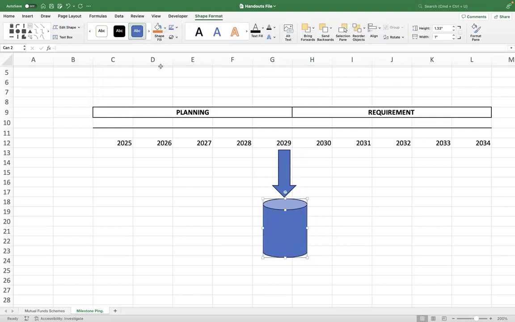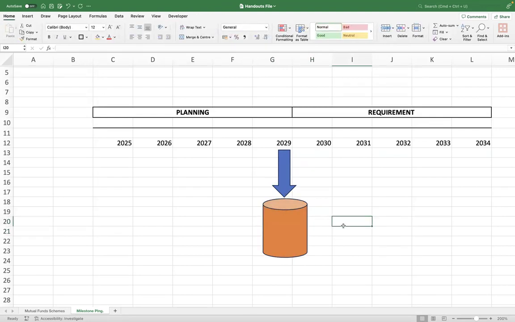How much should be deposited in this corpus till end of 29, so that this corpus is able to feed the payments from 30 to 34. This is your story in a gist.